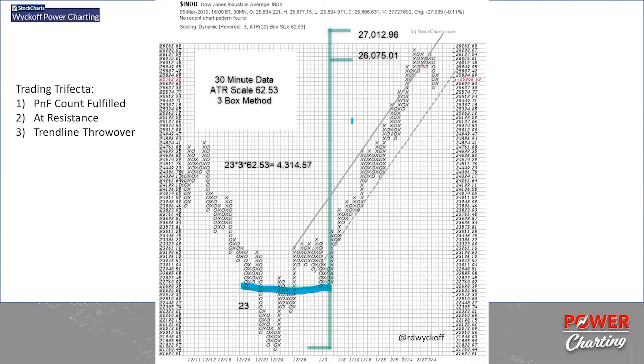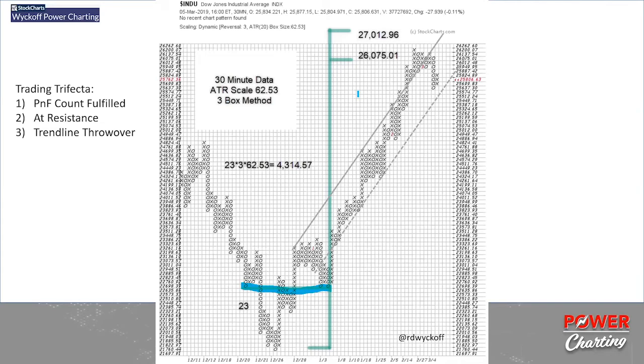And this is the count that it produced, a count of 26,075, 27,012, using intraday data. Now, this seemed at the time like pie in the sky. It was a huge count.